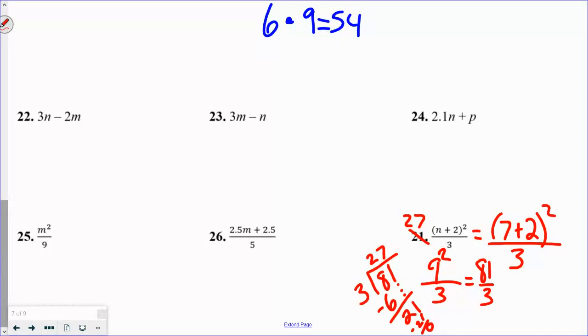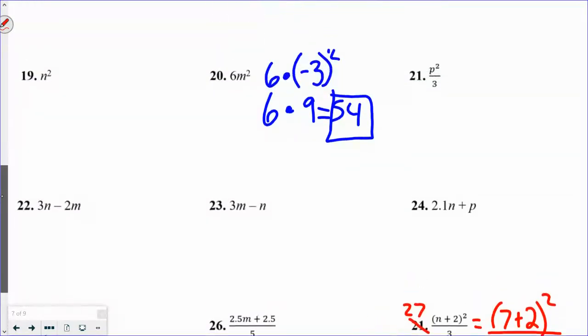That's perfectly fine. So then we know that this actually equals 27 for our final answer. So since I have so much work going on, I always am circling my answers. Okay, so then when your teachers go to look for your answers, they can tell what was your final one.